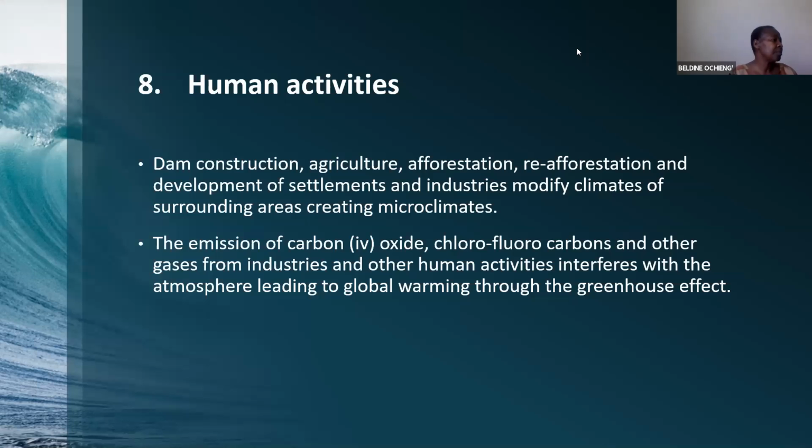The same human activities, the emission of carbon dioxide, chlorofluorocarbons, halogens, and other gases from industries and other human activities interfere with the atmosphere, leading to global warming through greenhouse effects. Those are some of the human activities that would influence climate of a region.